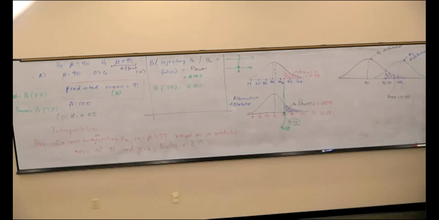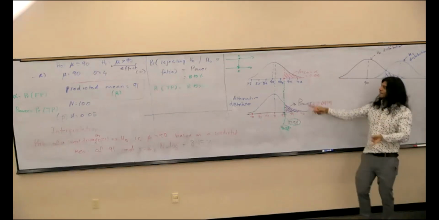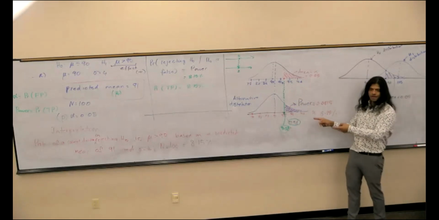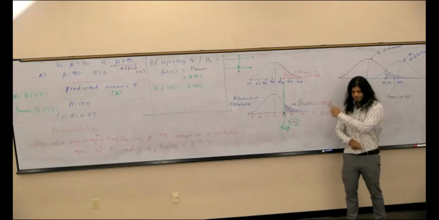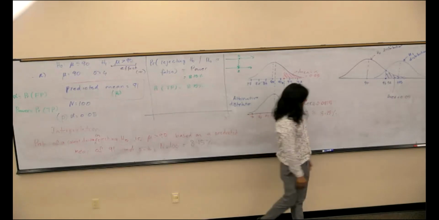Using the same cutoff of 96.58, you find the probability of the area above. I gave it a name. The power. What I computed was the power. Power is the probability of a true positive.